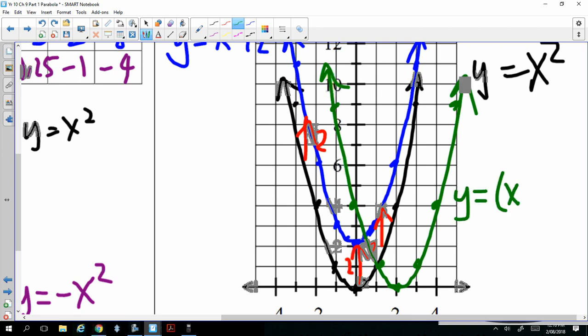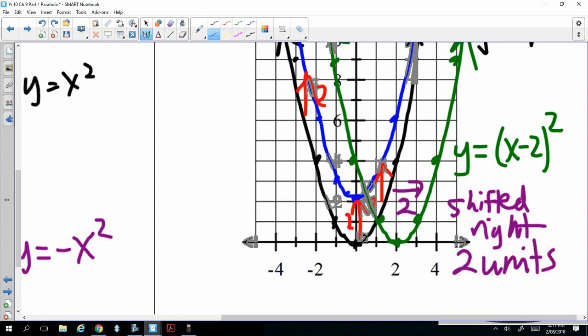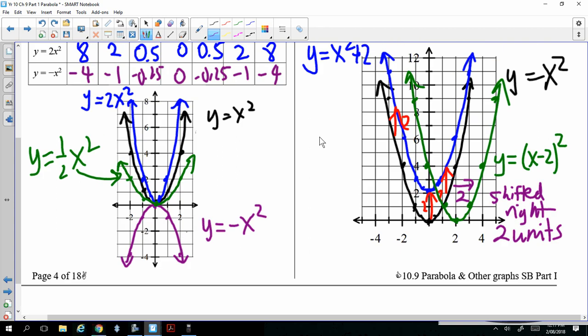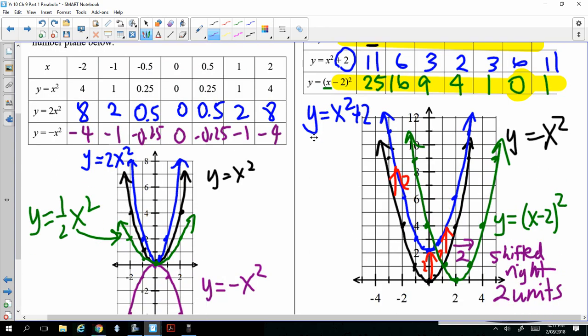And then you will see that the graph has been shifted to the right 2 units. Okay, any questions?